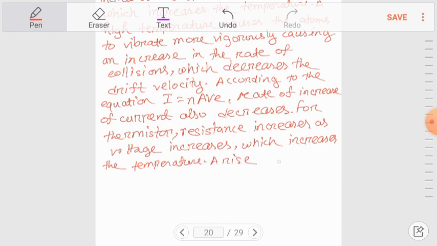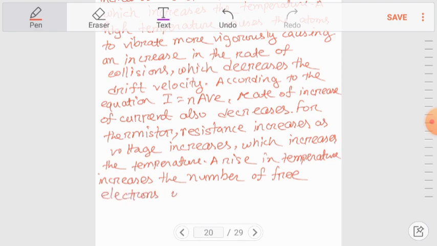A rise in temperature increases the number of free electrons, which therefore increases the number of charge carriers.